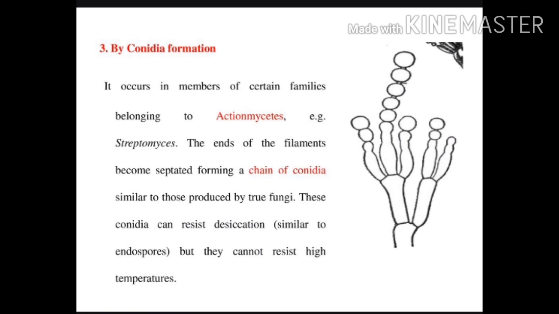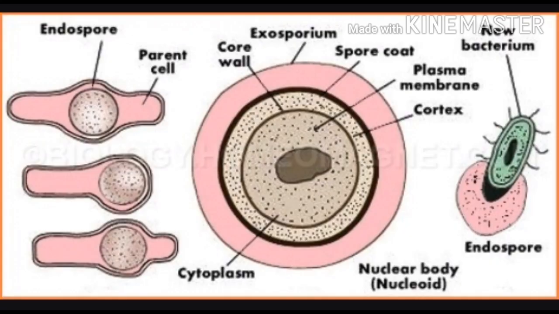These conidia can resist desiccation, similar to endospores, but they cannot resist high temperature. So this is the conidia formation. Many filamentous bacteria form a chain of small spherical spore-like conidia at the tip of the filaments, and they develop by the formation of a transverse wall at the tip of the filaments.